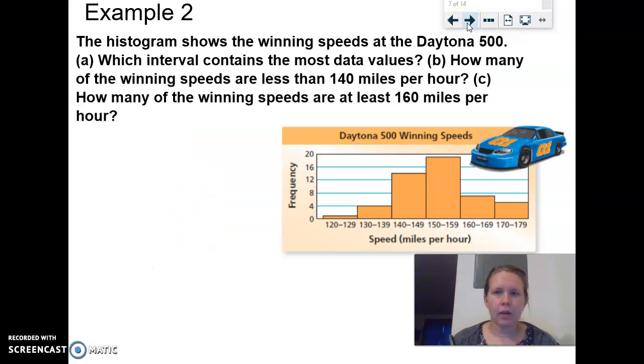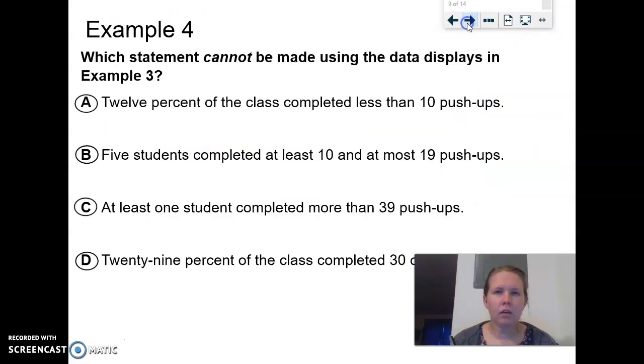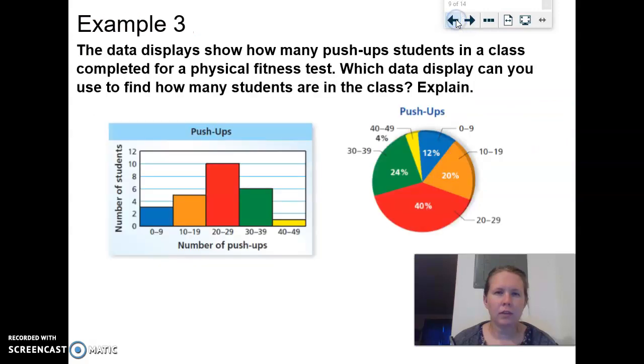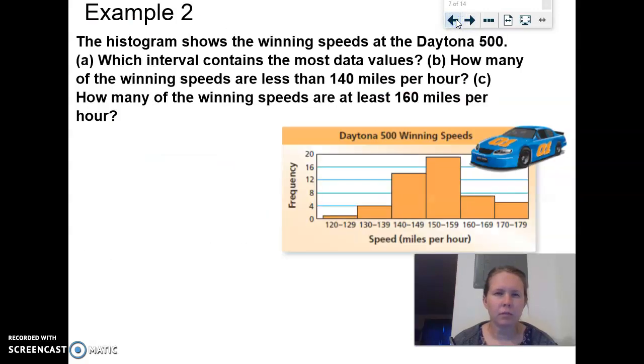All right, I think we've got a couple more examples. I just want to make sure that we've got enough time. Let's go ahead and start looking at this. We might be able to do part 1, or A and B, and we might need to trail into the next video. This one says the histogram shows the winning speed at the Daytona 500.